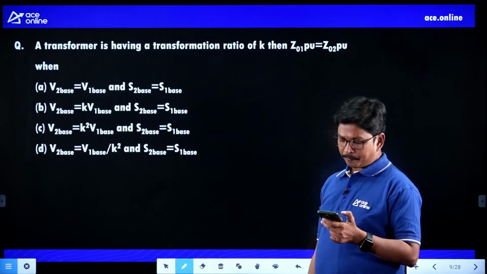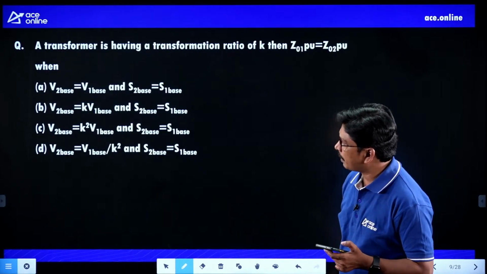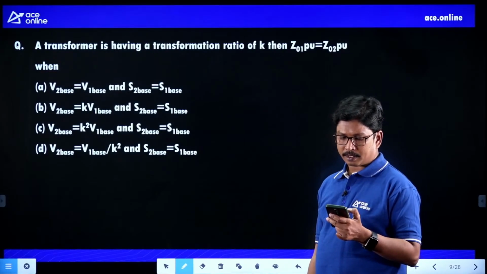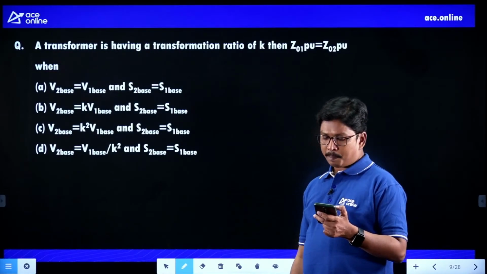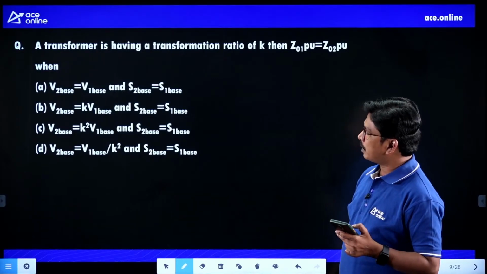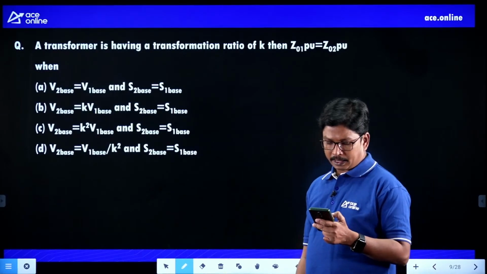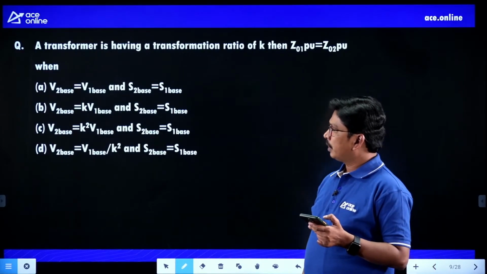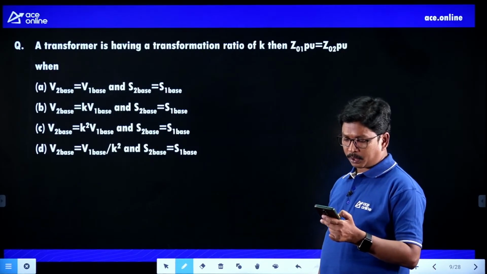When is it possible? So the aspirant has given option B. Very good, very fast. Durga Prasad Chari: V2 base is equivalent to V1 base and S2 base is equivalent to S1 base. Jagtap has given option D: V2 base is equivalent to V1 base by K square.